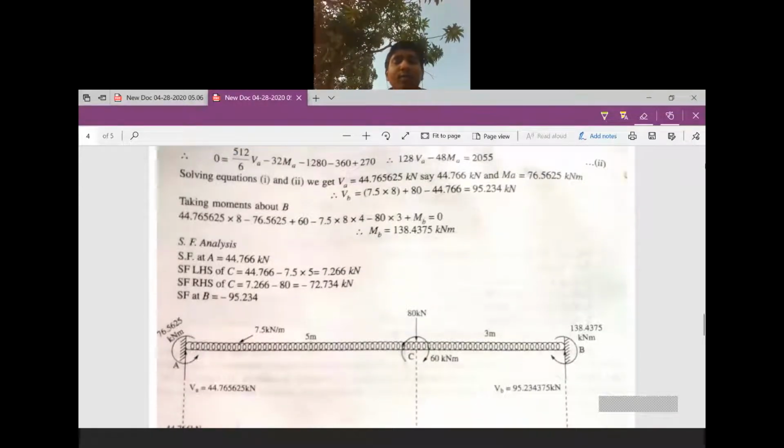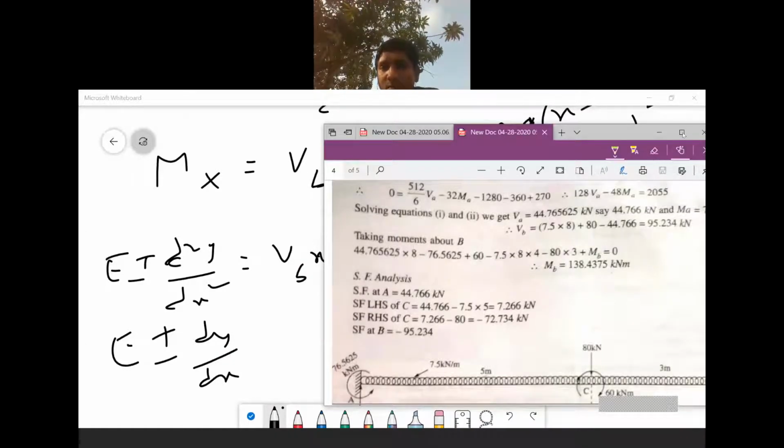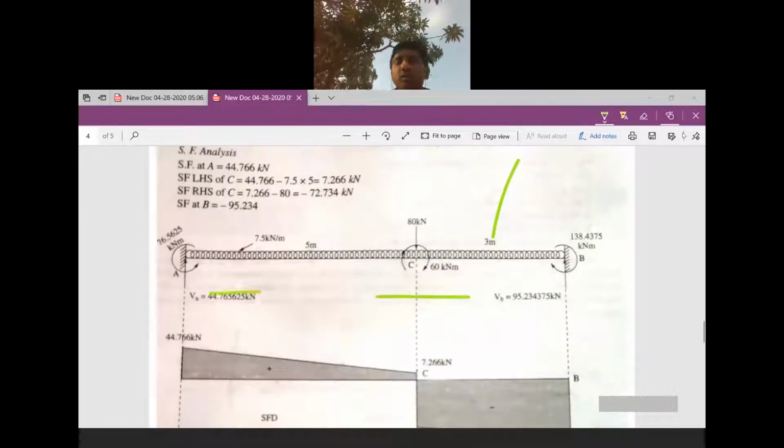When you are calculating moment about B, VA into total 8 meters, 7.5 into 8 into 8 by 2, 80 into 3, acting in a clockwise direction.